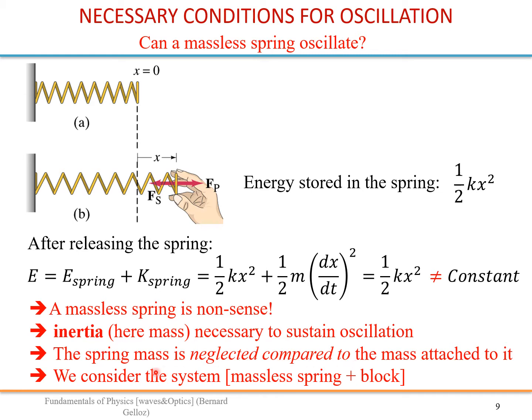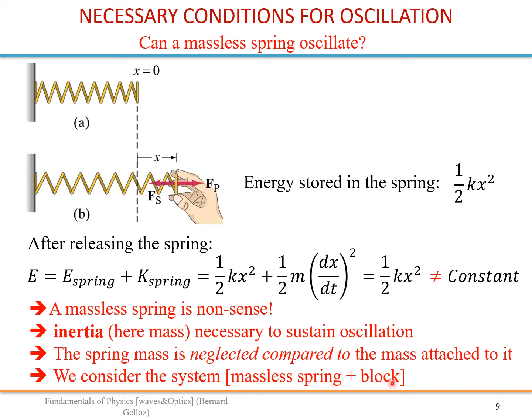So in fact, to make things simple, we consider a system of a massless spring plus a block. So we neglect the mass of the spring compared to that of the block. This is very simple to work with, massless spring plus block.